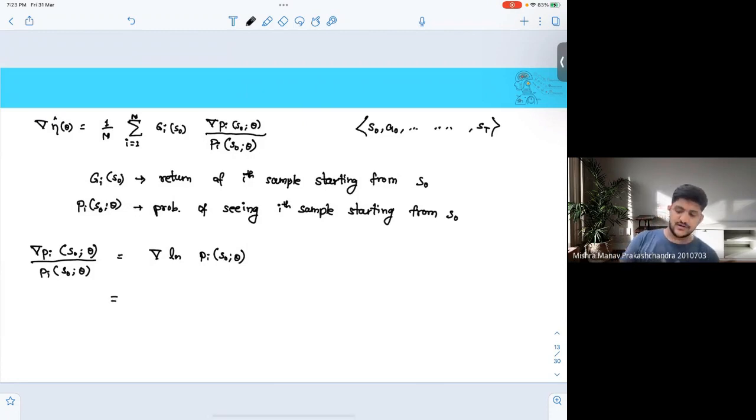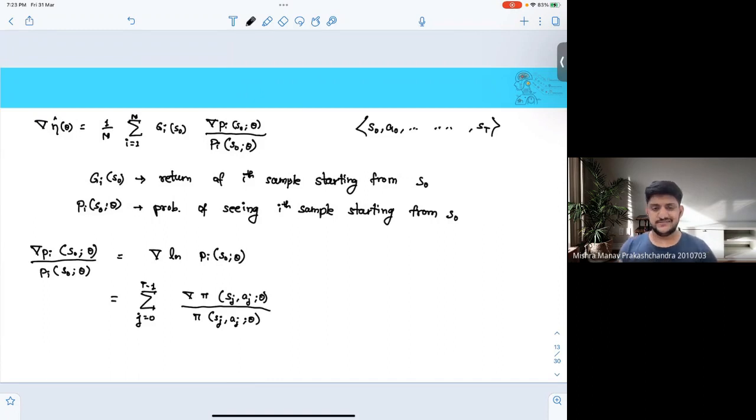So the remaining pi's that I have can be represented as the sum over j equal to 0 to t minus 1, going back to the original without the log representation, of the gradient of pi of s_j, a_j, theta divided by pi of s_j, a_j, theta.